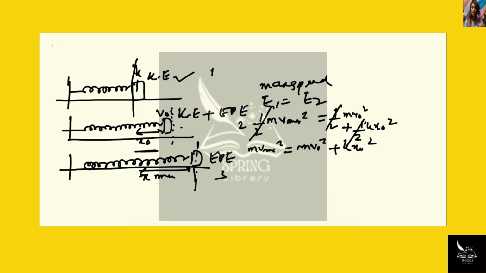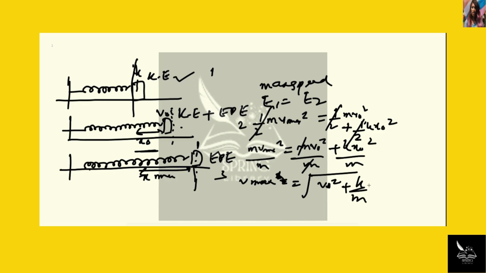Since we need to find an equation for v max, we divide the entire thing by m, and our equation is v max equals the square root of v naught squared, as you can see m and m cancel, plus k by m x naught squared. So that is our equation for v max.